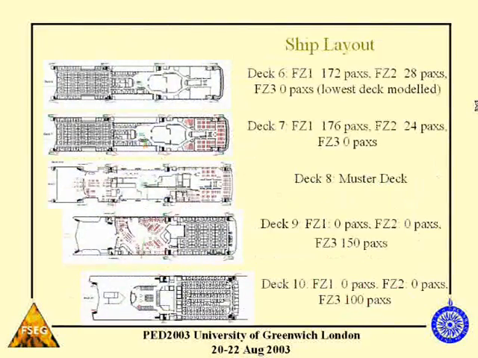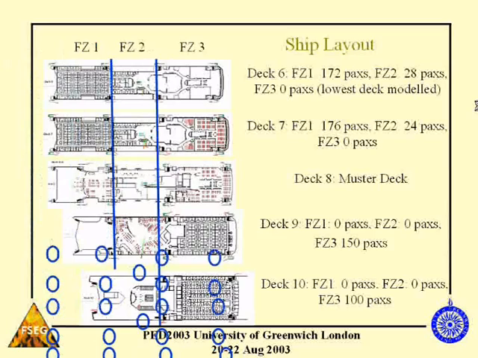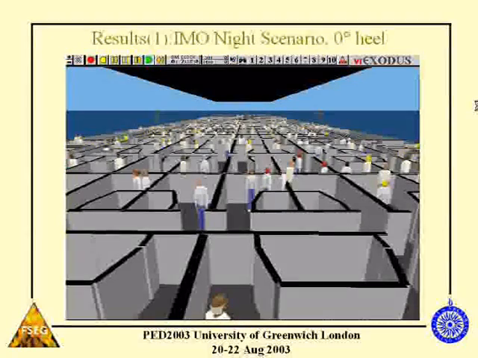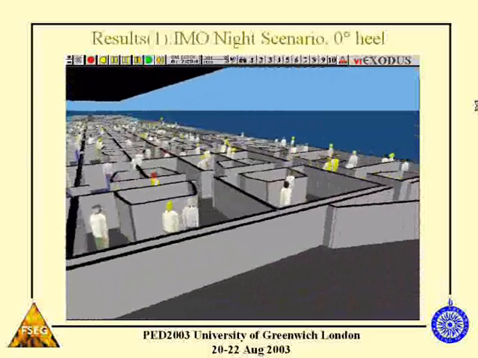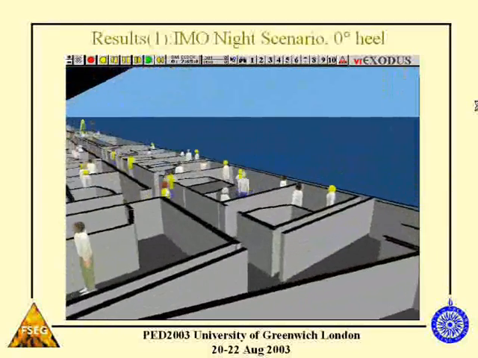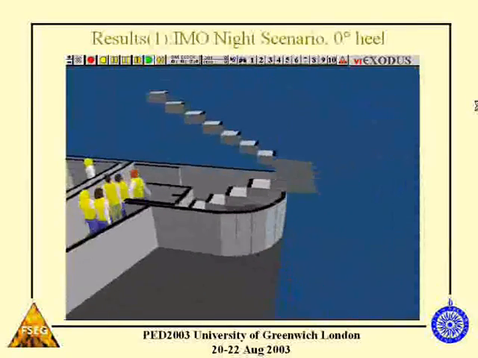So here we have the layout of the top 5 decks of the ship, the various fire zones, and the evacuation routes. Deck 8 is the muster deck. Here we have the simulation in EXODUS. People start in their cabins. They put their life jackets on in their cabins, and then they get these yellow vests.